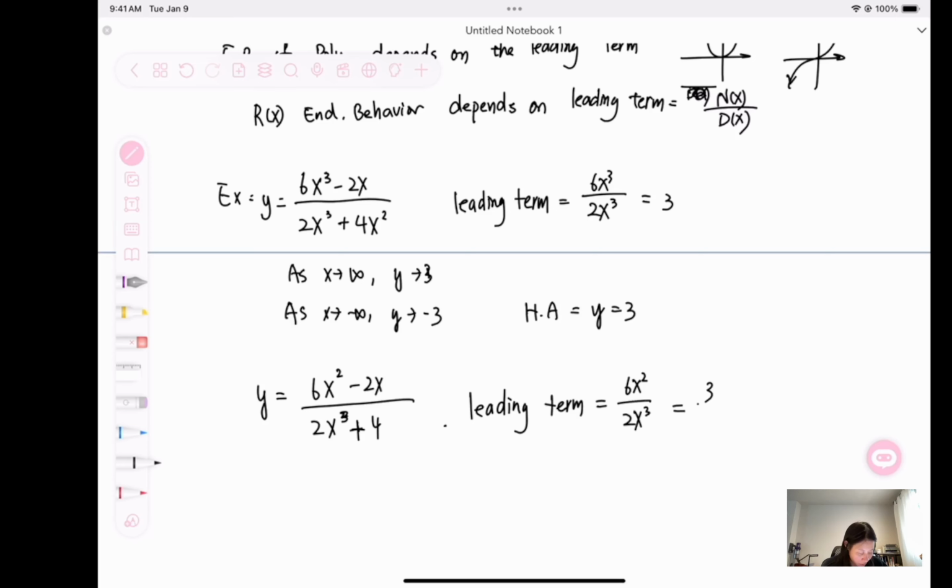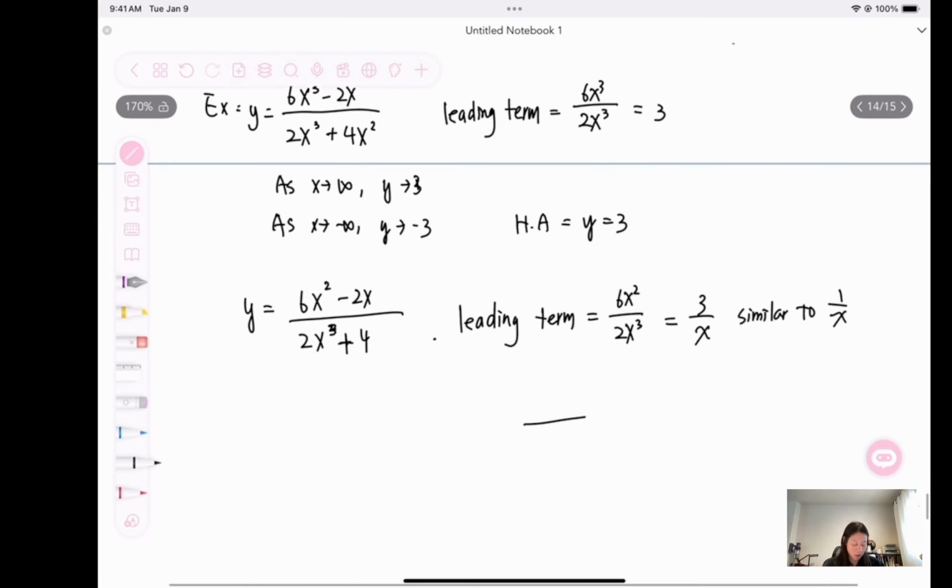If we simplify, we'll get 3 over x. So this is going to be similar to 1 over x. Now, let's recall, what does 1 over x look like? The reciprocal function looks like this. So the end behavior is approaching 0.